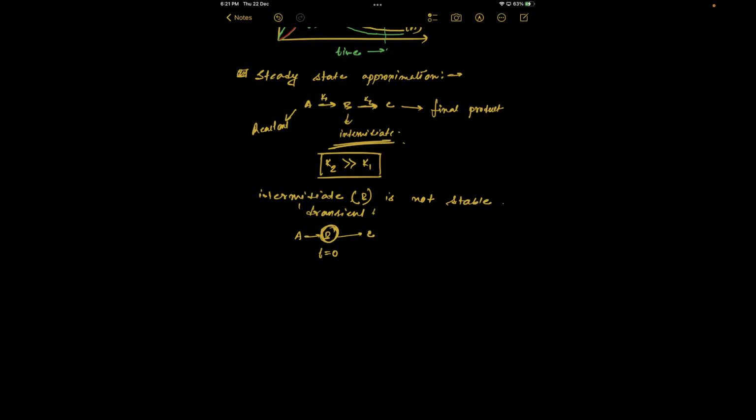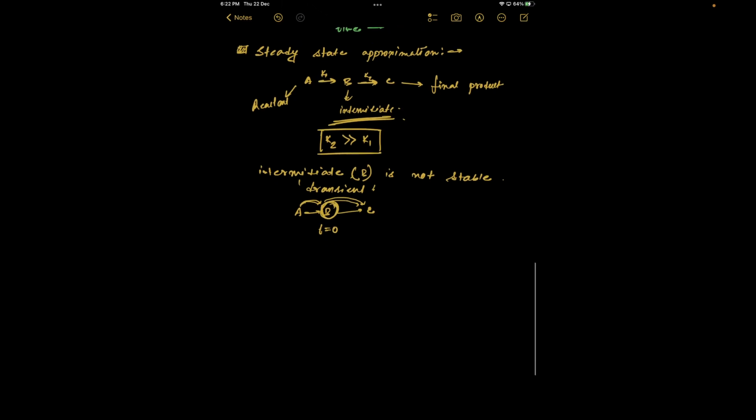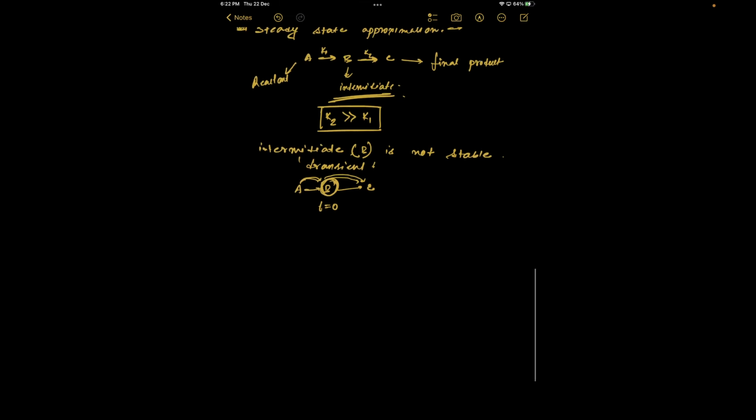With time, whenever B is forming from A, it is simultaneously forming C. Next time A goes to B, it is again simultaneously forming C. So with time it seems that the concentration of B is not changing, so it is becoming like a constant. That's why we say the concentration of B reaches a kind of steady state, where it is not changing much with time.